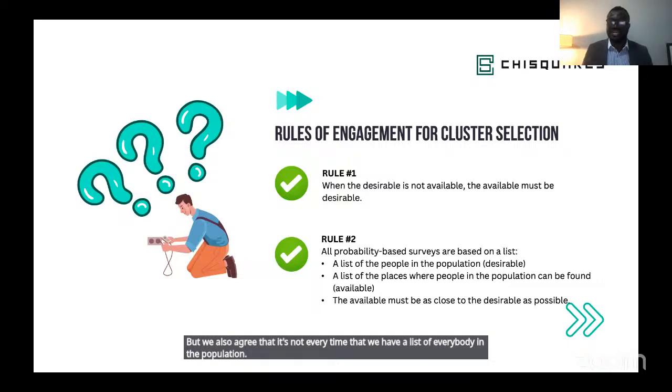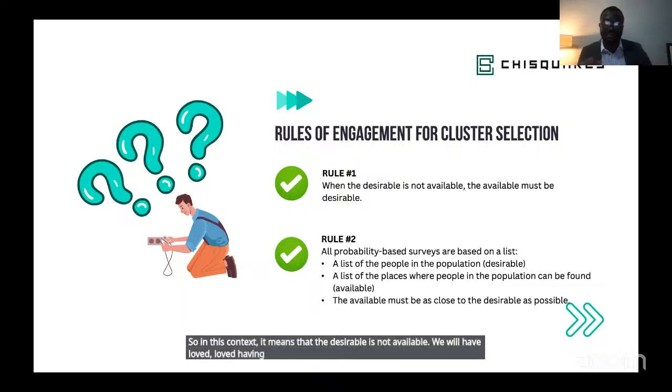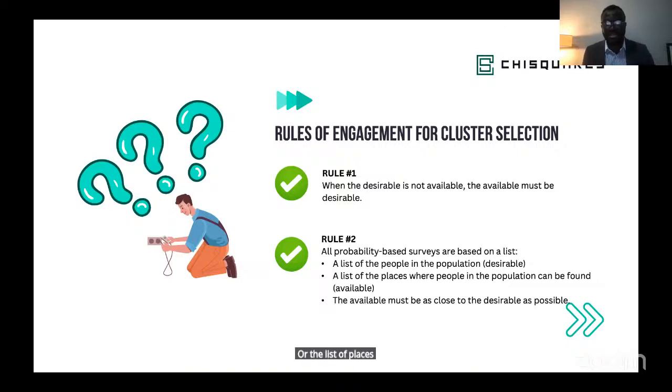So in this context, it means that the desirable is not available. We would have loved having a list of everybody that lives in the country, but we don't have that list. So the next thing we have to look at is, do we have a list of the places where people live, or the list of places where people can be found, right?